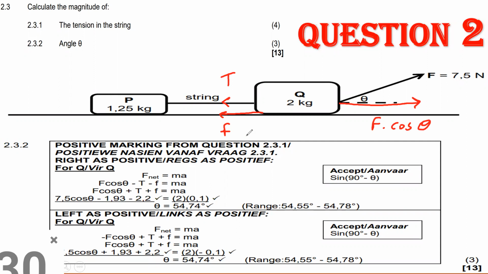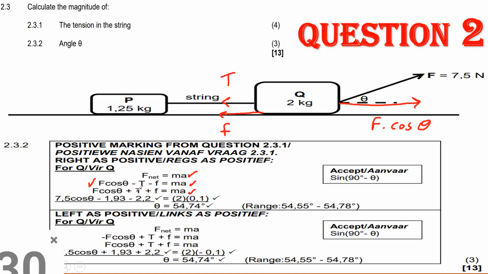So we can use this formula: F times cos angle minus tension force minus friction force, equals m times a. F net equals m times a, or you can write F times cos angle plus tension plus friction equals ma, all of them right.